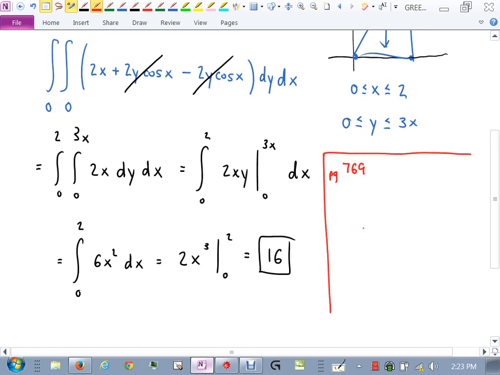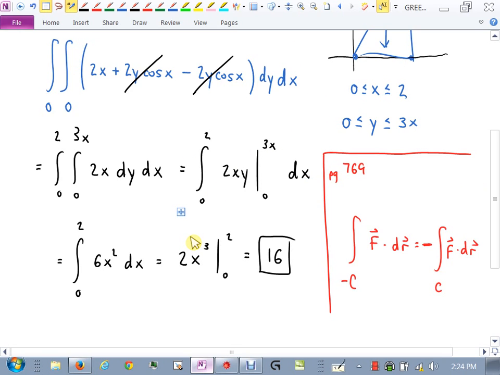It says, there you go. That's a negative sign out front. It's negative.